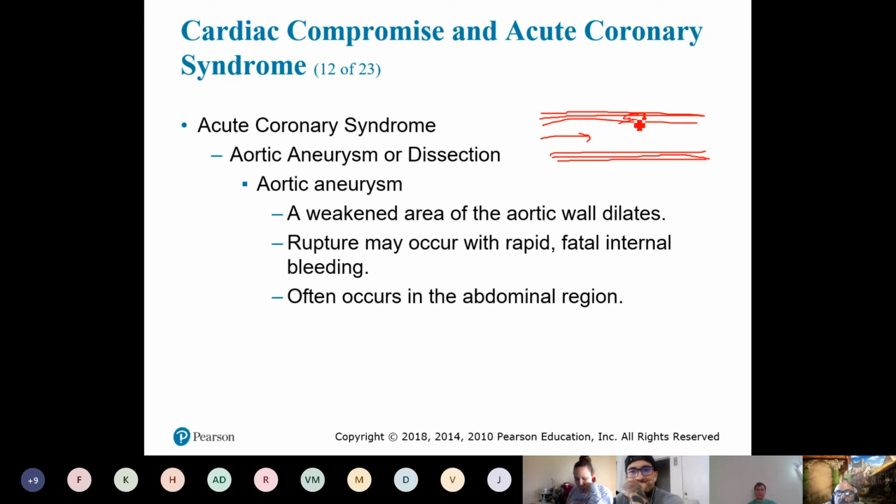And that's going to start bulging up and go into the next layer, into here, until eventually it pushes so much that it starts leaking out. So that's the dissection, where it's starting to go through the layers of the artery.